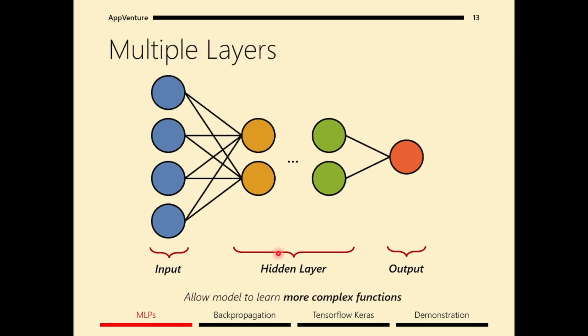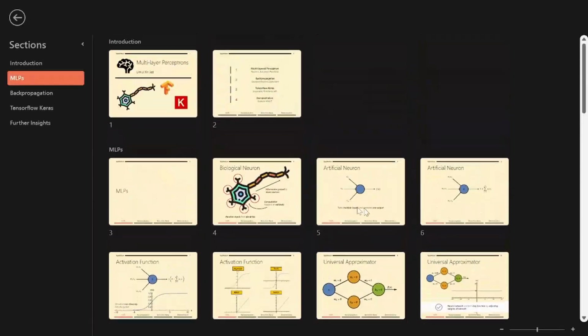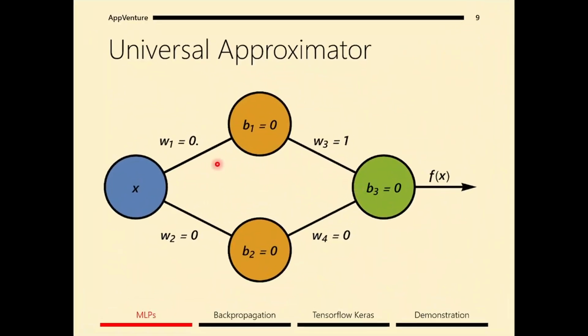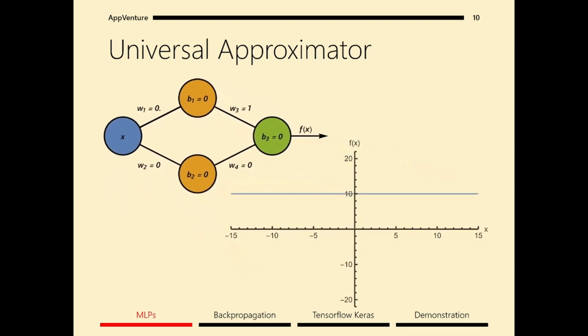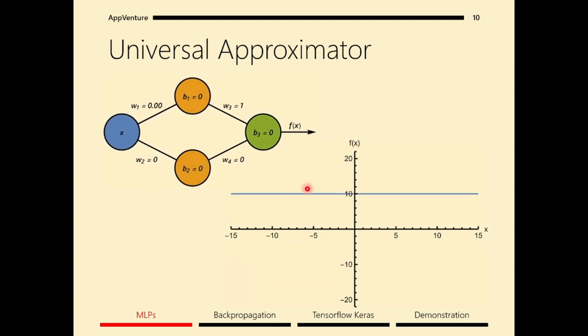So why is this so powerful? The simplest configuration you can have is a single input and a single output, with a hidden layer of two neurons. Let's say we start by initializing everything with zero biases and zero weights, except for one here. Then we find it's just a straight line.